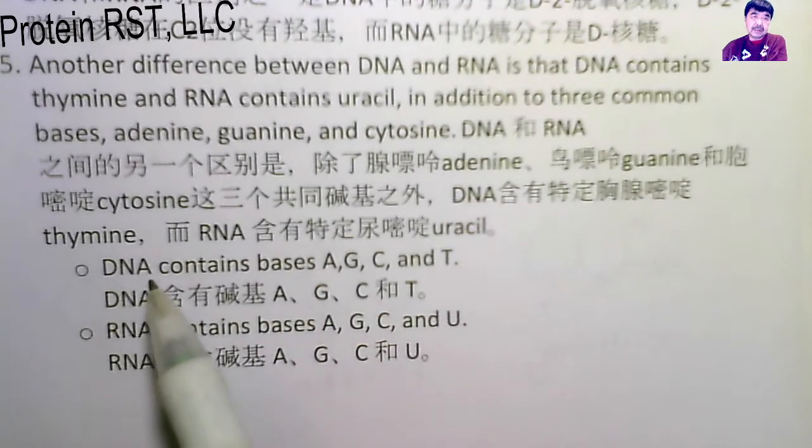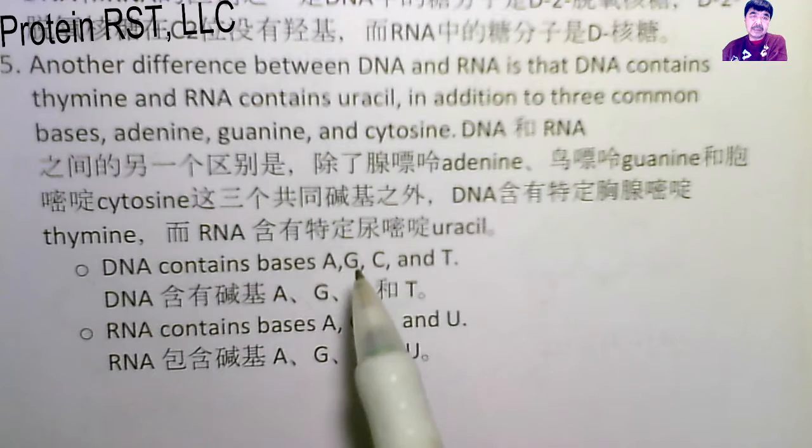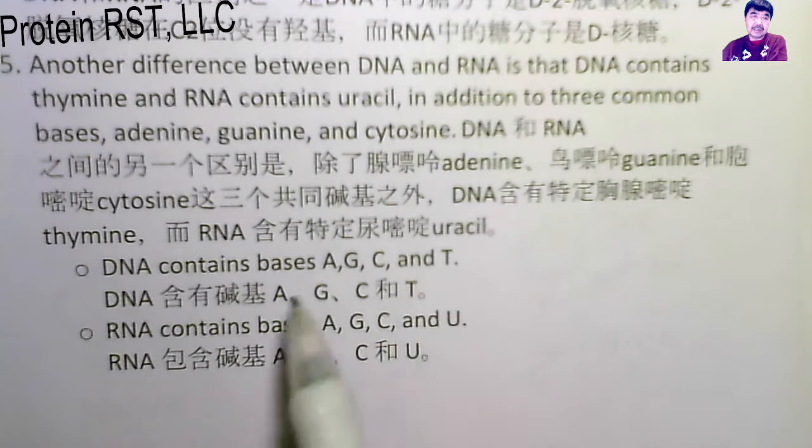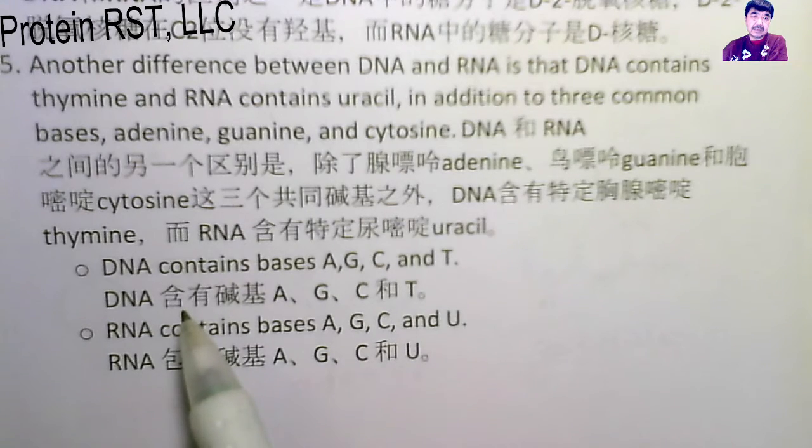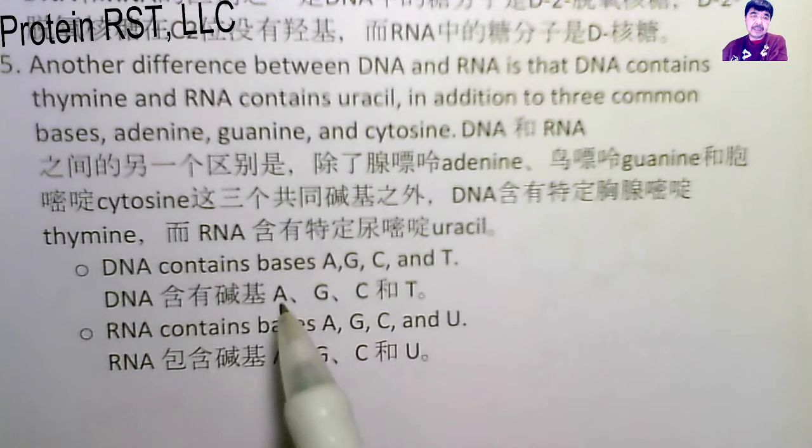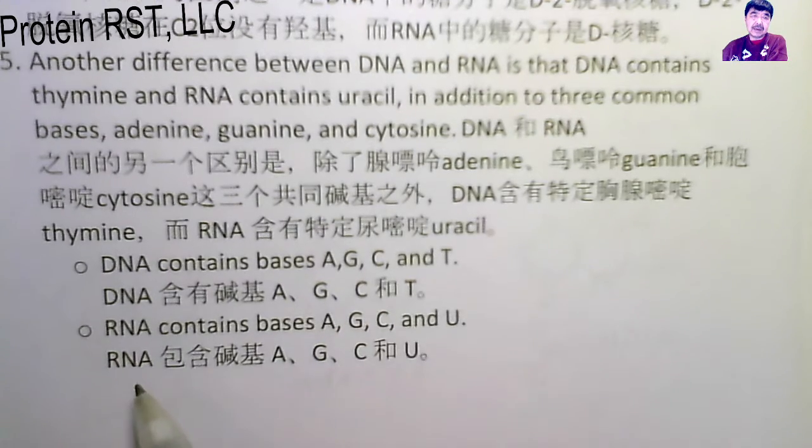In summary, DNA contains bases A, G, C, and T. RNA contains bases A, G, C, and U.